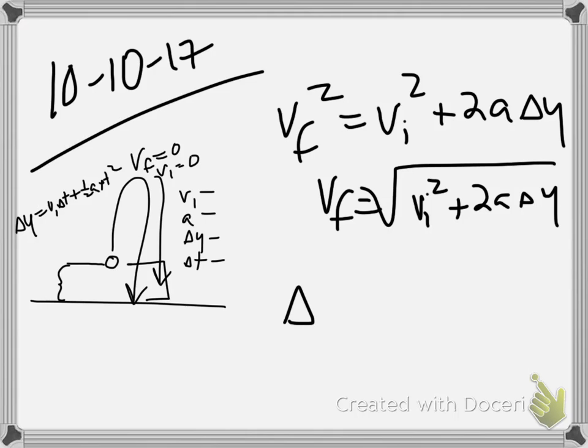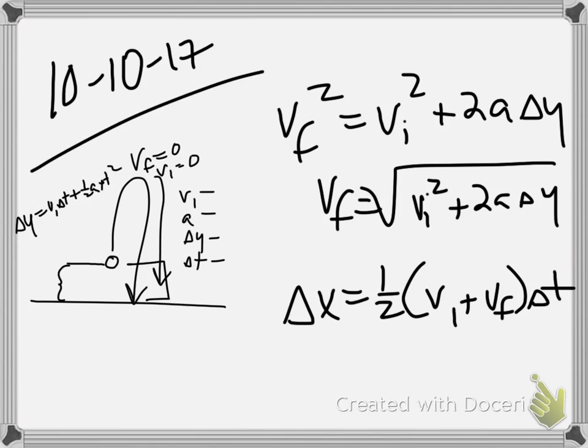And then if we want to use delta x equals 1/2 VI plus VF delta t, we can plug this back in for VF. We can solve for delta t. It seems like the long way to go, but it's really an essential skill. Getting used to doing that substitution thing, getting used to using 2 equations instead of 1. It's a skill builder thing.